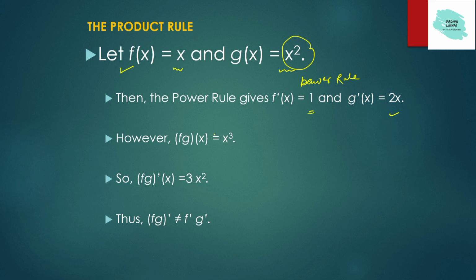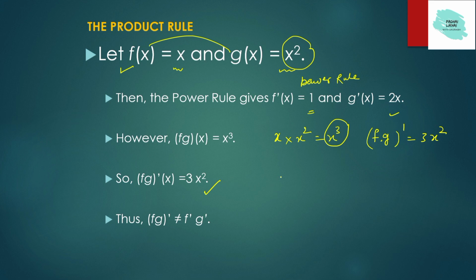If we multiply f and g, we get x into x², which gives x³. Now the differentiation of f into g will be 3x².